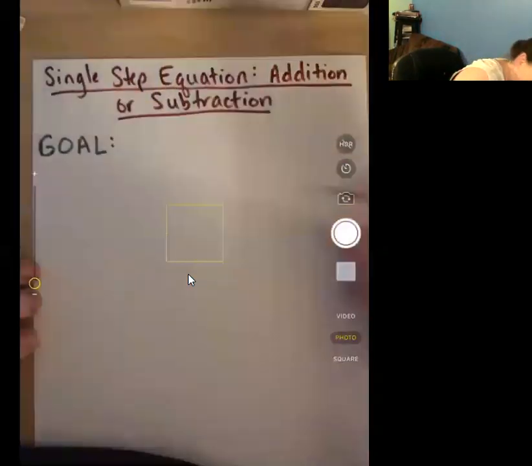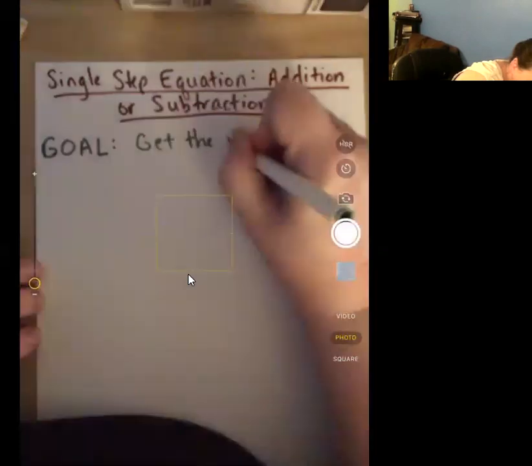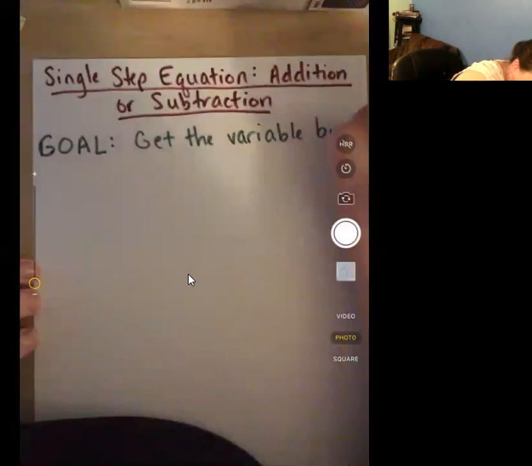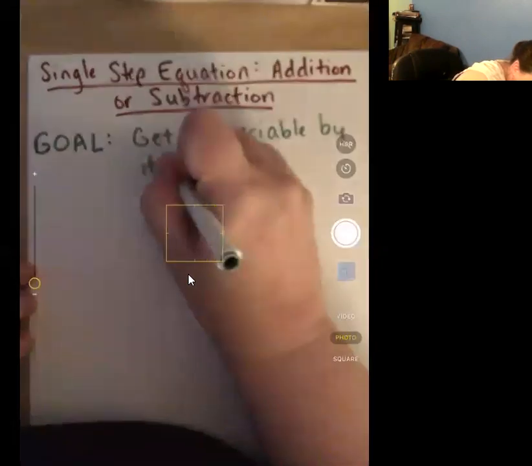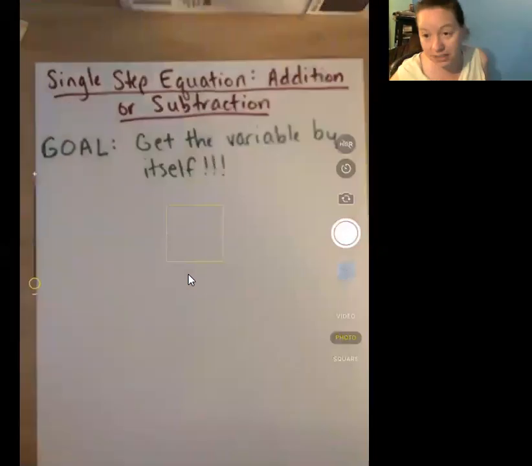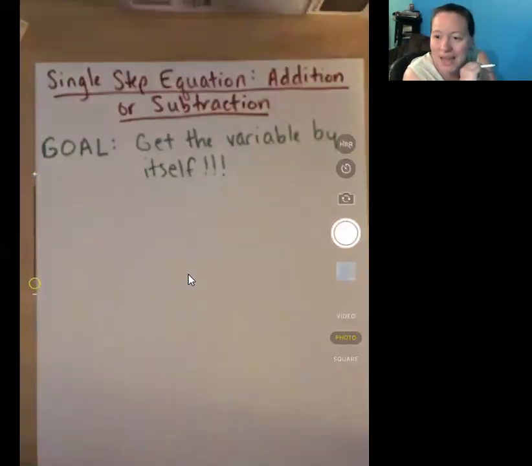Goal, get the variable by itself. And I put 3 exclamation points after it because it is insanely important that you remember we have to get the variable by itself. Yes, this one is addition and subtraction only, but it doesn't matter what we're doing.